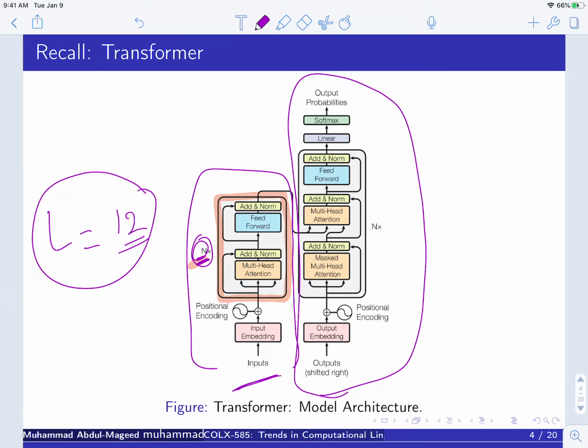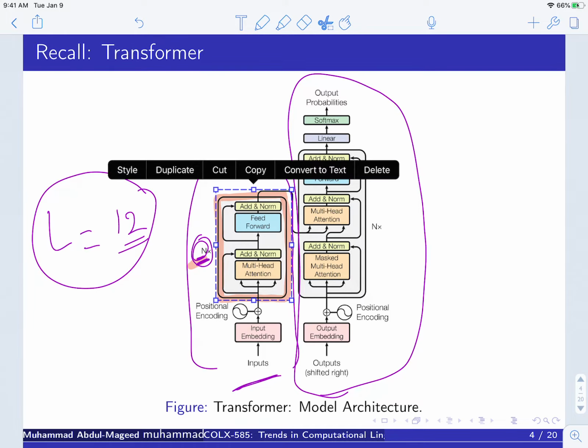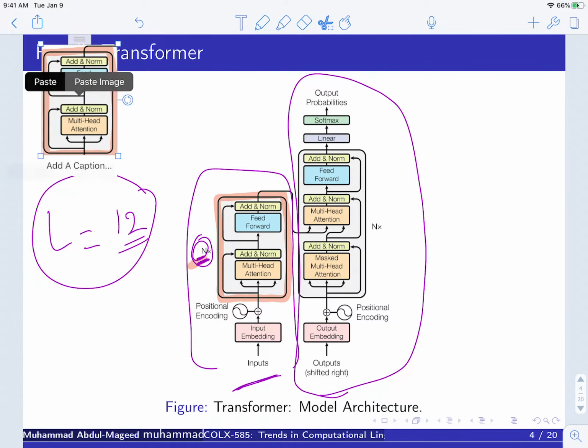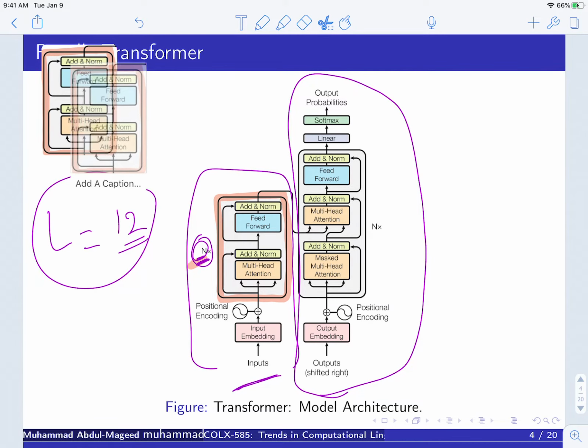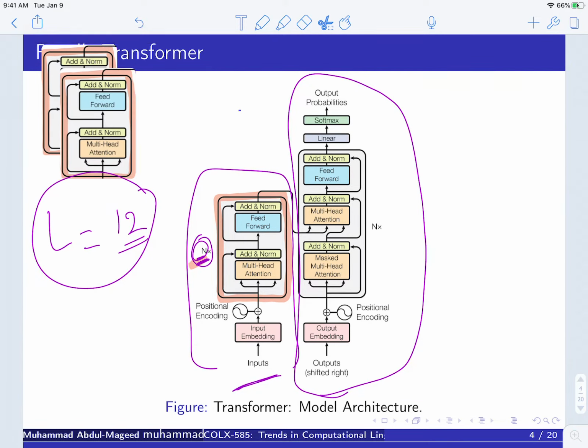Because basically what we will do is we will take this block and repeat it. We have many of them. Paste this image here and then paste it again. So for example, here now we have 2 blocks, and here we have 3.